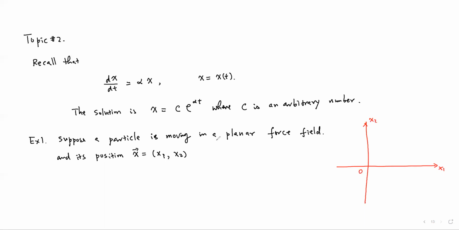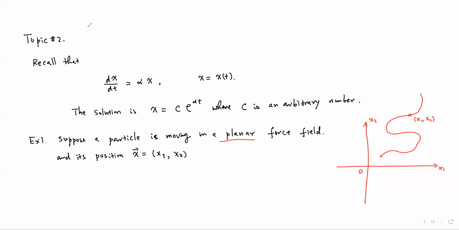The particle is moving in a planar force field. The position is this point x1, x2. Of course, because the particle is moving, the position depends on the time t, so x1, x2 are functions of the time t.